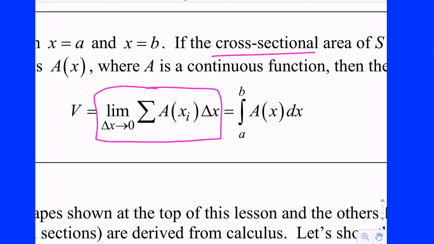That's going to equal the definite integral of A of x dx. All right, so if I can write it in this form, then I can integrate it and use the fundamental theorem of calculus to find a volume, a three-dimensional quantity.